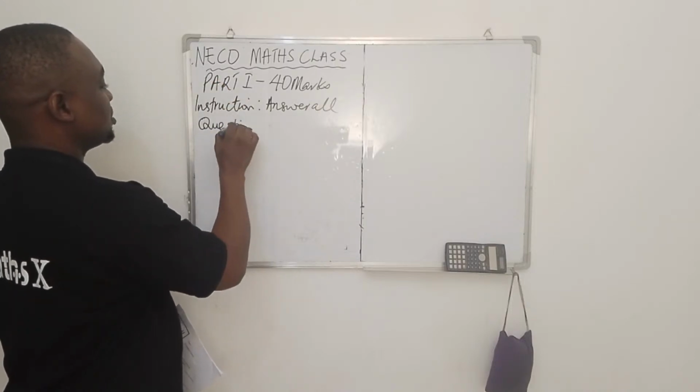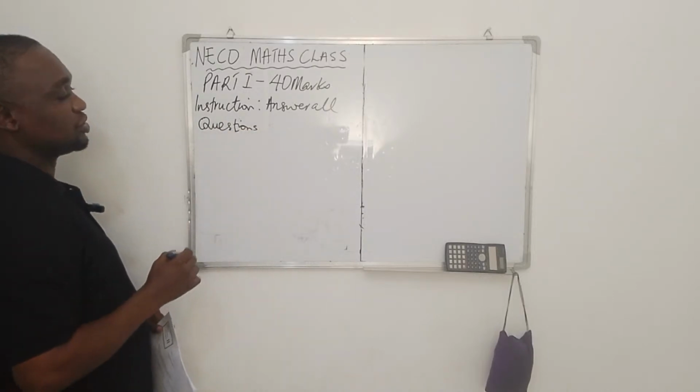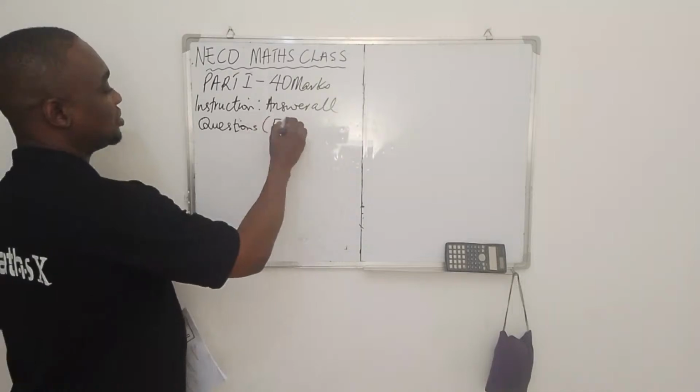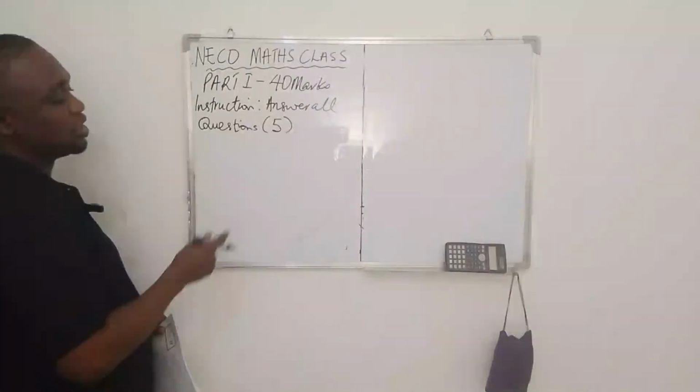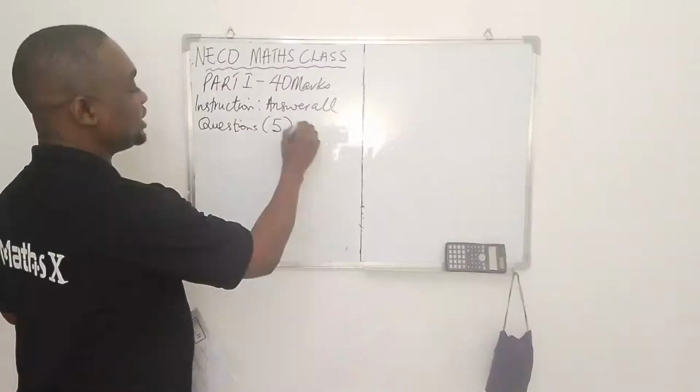That's the instruction. Answer all the questions. And altogether you have five questions. 40 divided by 5 is 8 marks.